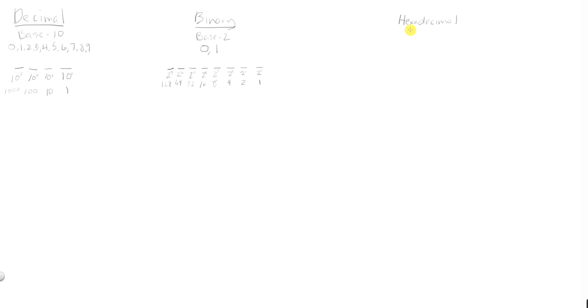The third numbering system that I want to talk about is called hexadecimal, or base 16. And hexadecimal uses the characters 0, 1, 2, 3, 4, 5, 6, 7, 8, 9, A, B, C, D, E, and F to represent numbers.